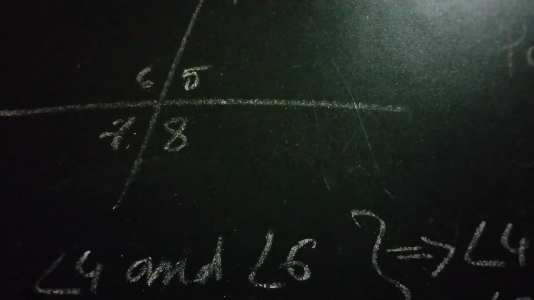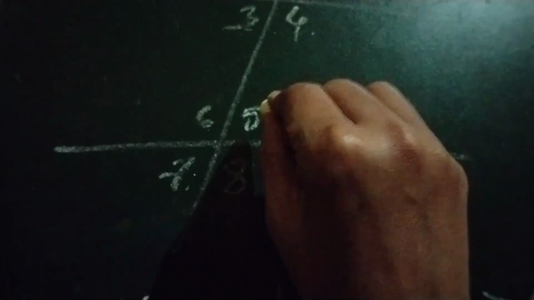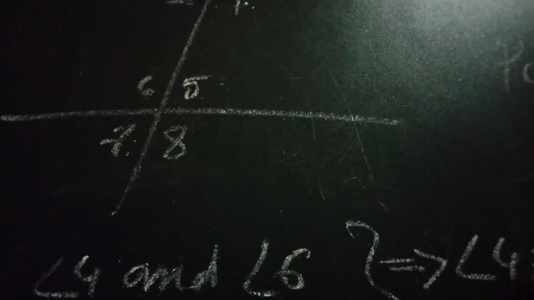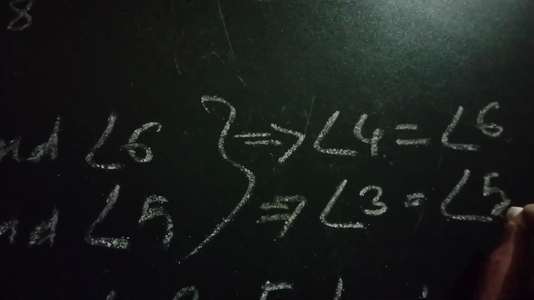What we learned here is that if two line segments are parallel and intersected by another line, the alternate interior angles created are equal.